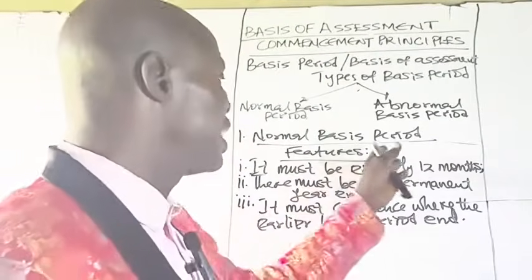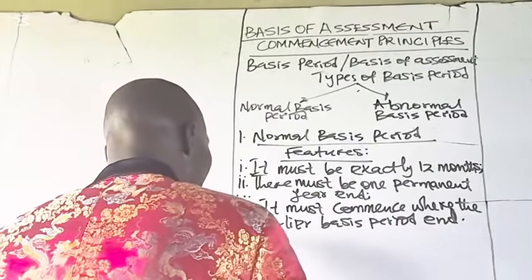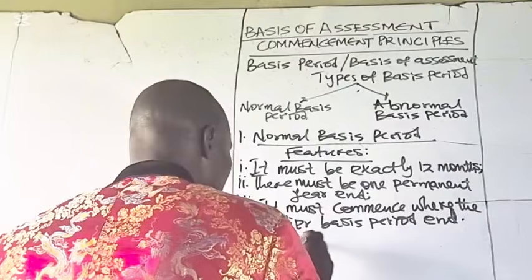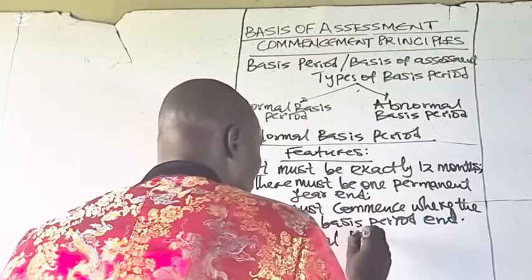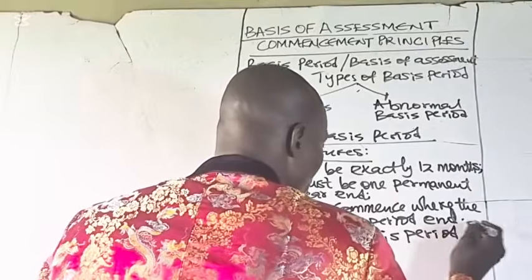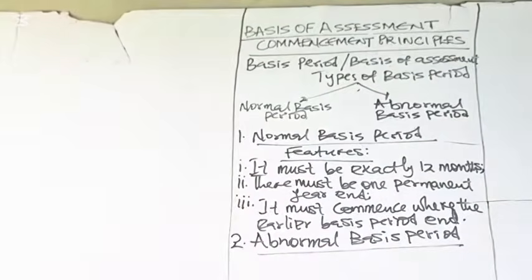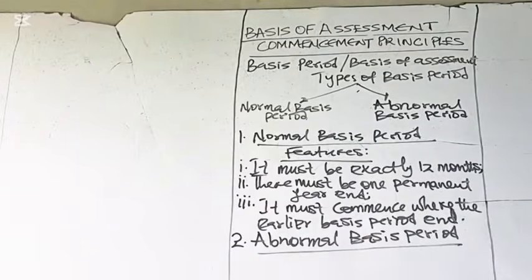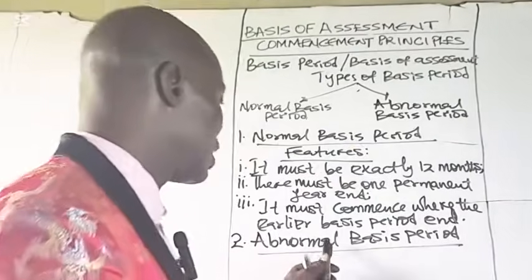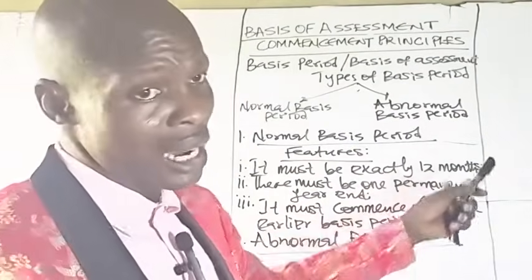So any basis period other than normal is said to be an abnormal basis period. Any basis period that does not meet the conditions specified for the normal basis period is said to be abnormal. That is, it may not be exactly 12 months.